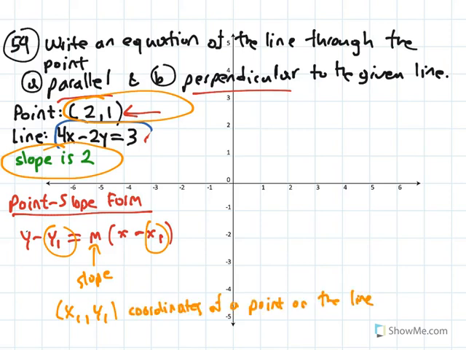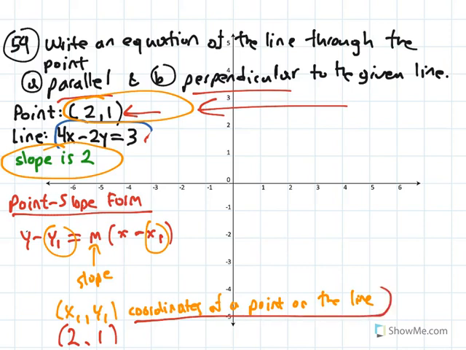So now we may go ahead and write an equation for the line passing through the point (2, 1). So that means that x sub 1 would be 2 and y sub 1 would be 1. Those are the coordinates of a point that we know to be on the line.